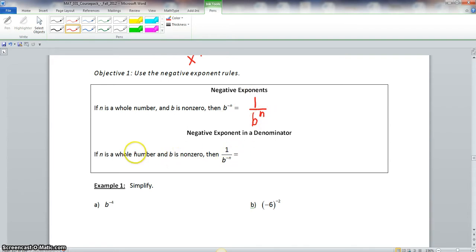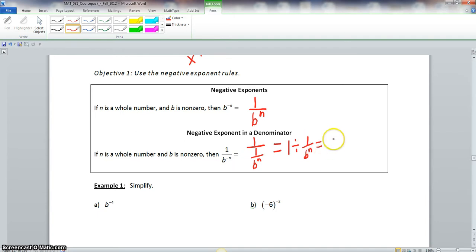Now, we have here, if n is a whole number and b is non-zero, then it's 1 over b to the negative n. Now remember, b to the negative n, first of all, I'm going to write this 1. And we know b to the negative n is 1 over b to the n. Now this is the same as 1 divided by 1 over b to the n power.